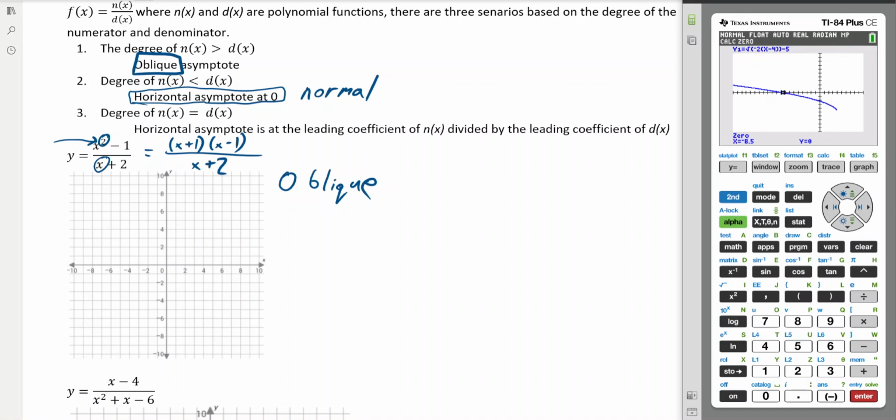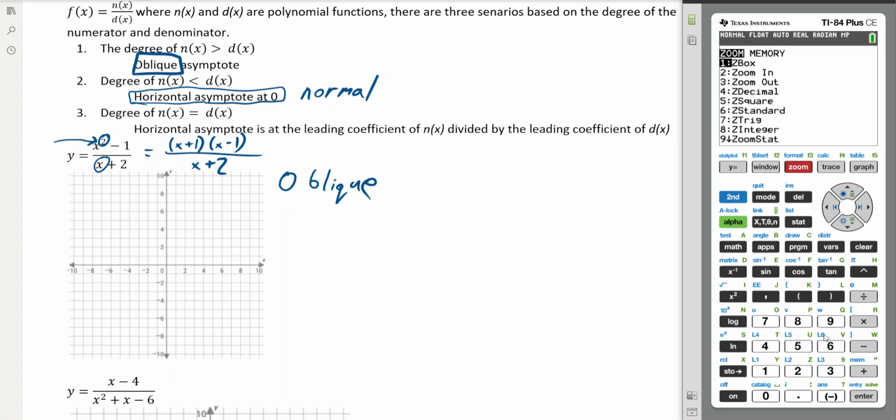Okay, so let's just plug it in our calculator so you can see what that looks like. So x squared minus 1 over x plus 2. And let's just do standard.